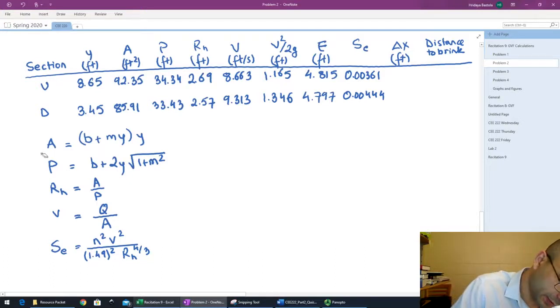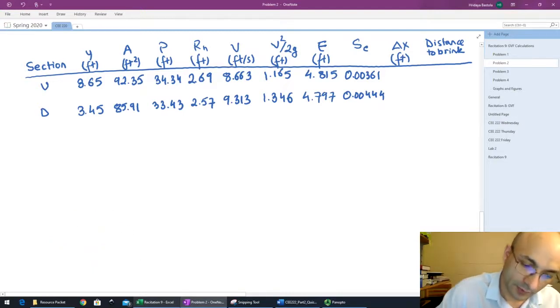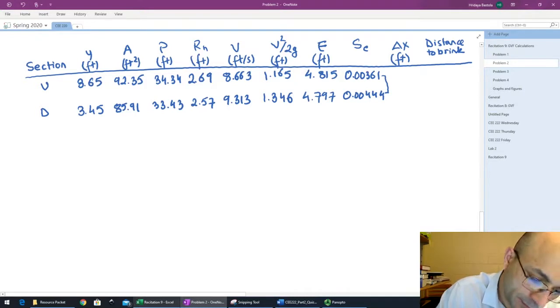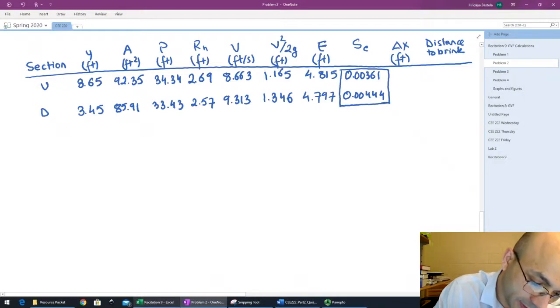Let me erase these equations. Okay, so the average of these two values, let me just write down here because I don't really have space here.